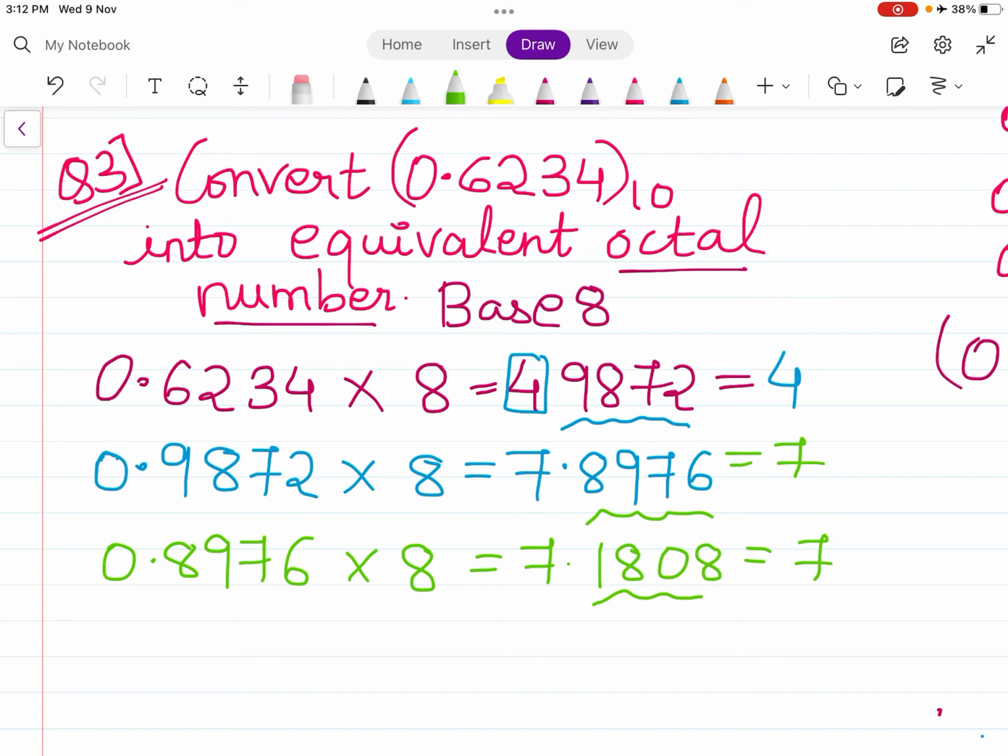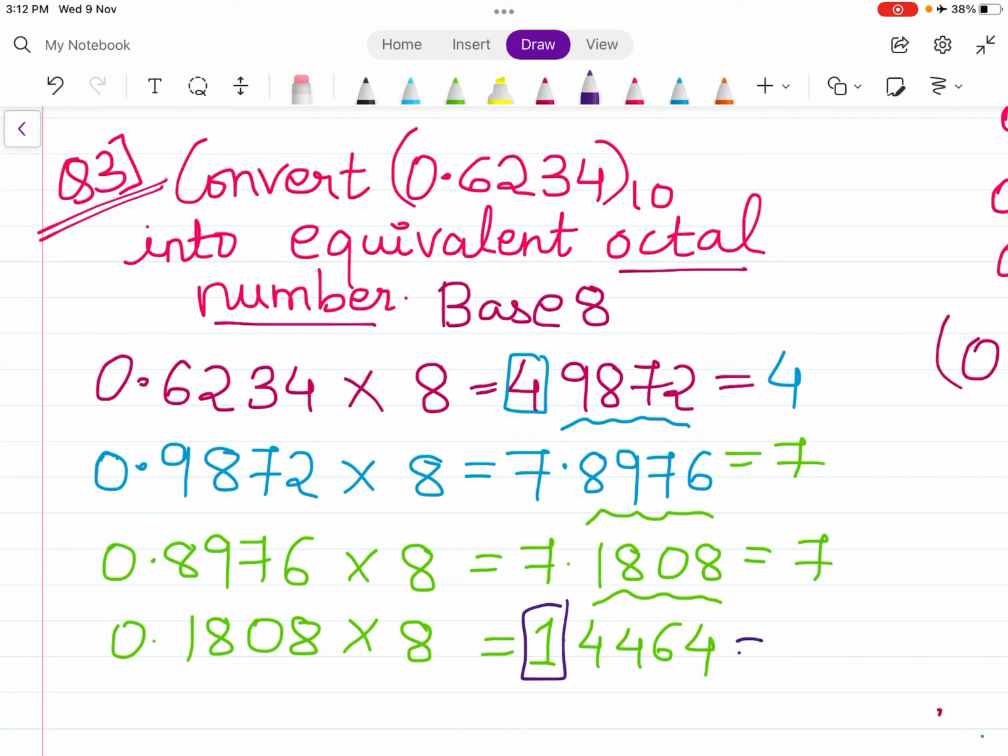Again the carry is 7, and the fractional part is 0.1808 into 8, which is 1.4464.